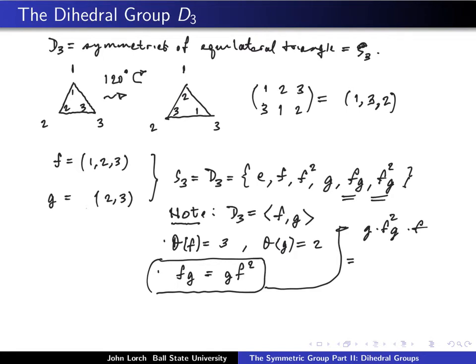Well, I know that GF squared is the same as FG, so I'm going to replace GF squared by FG. And I know that the order of G is 2, so when I take G times G, I'm going to get the identity. So this is just F times F, which would be F squared.